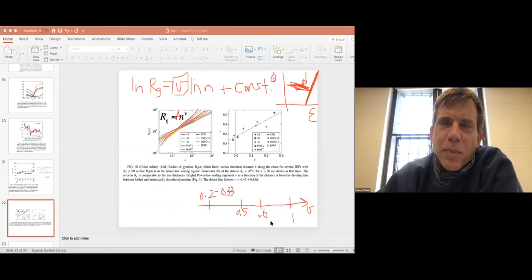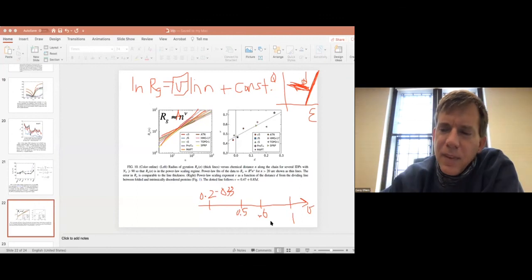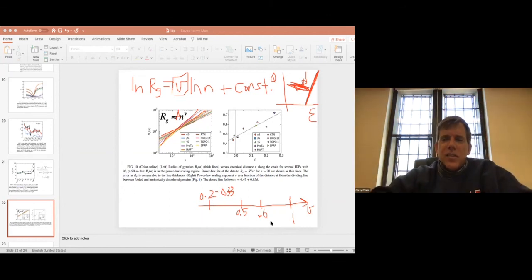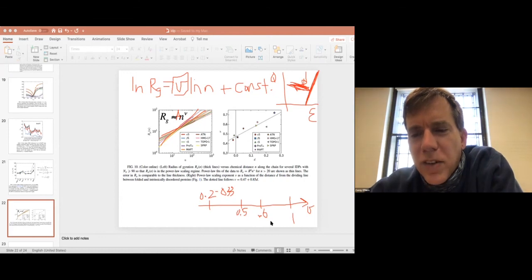So the polymer's not collapsed to any extent. It's sort of fully extended, and it can't pass through itself. And then there's an ideal chain where it obeys Gaussian statistics, and in that case the exponent is 0.5.